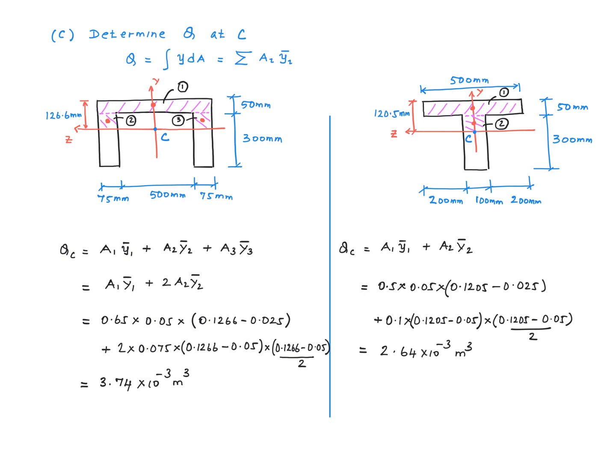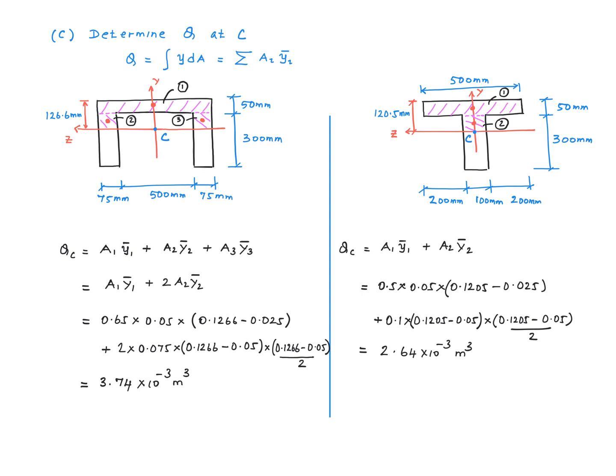The area of the little rectangle 2 is this distance multiplied by this distance, but this distance is 126.6 minus 50, multiplied by 75 millimeters, right? So that's what I have over here. Y2 bar would be that distance right there, which is 126.6 minus 50 divided by 2. So that's what I have over here. So Q_C works out to be 3.74 times 10 to the minus 3 meter cubed for this rotated C channel.